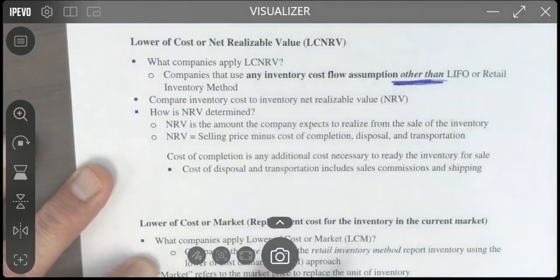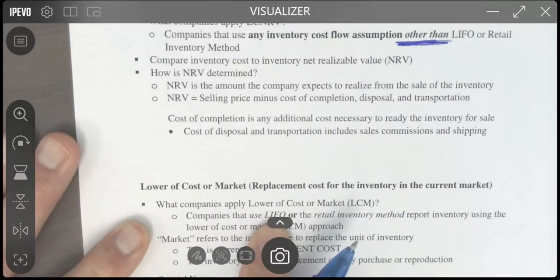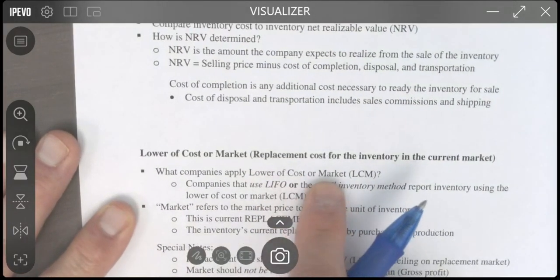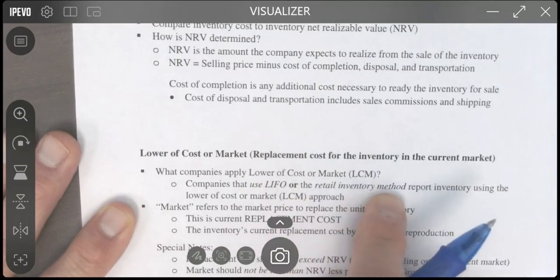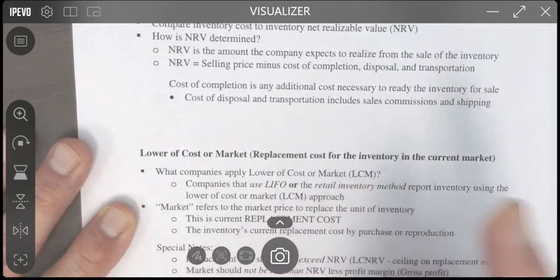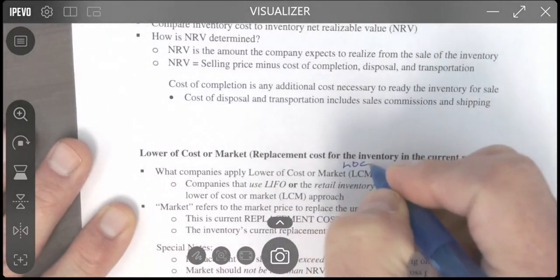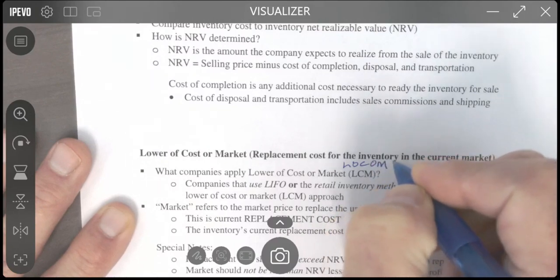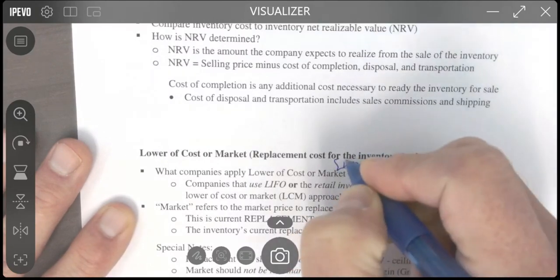Because if they use LIFO or the retail inventory method, they use LOCOM, lower of cost or market. You'll also see it called LOCOM or LCM.